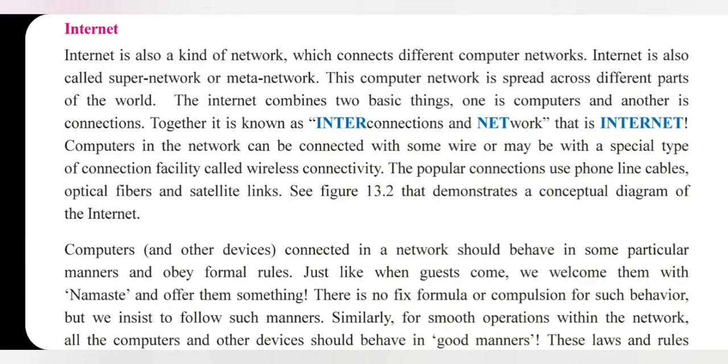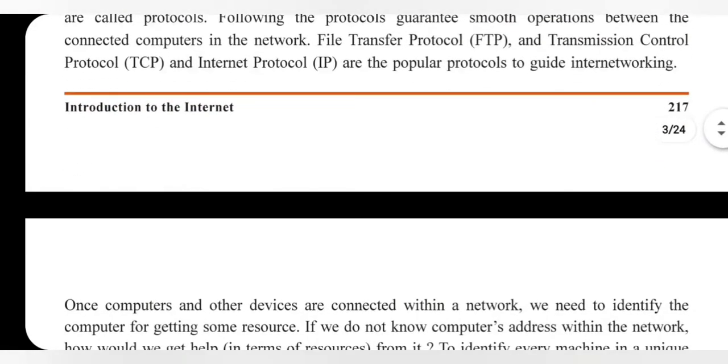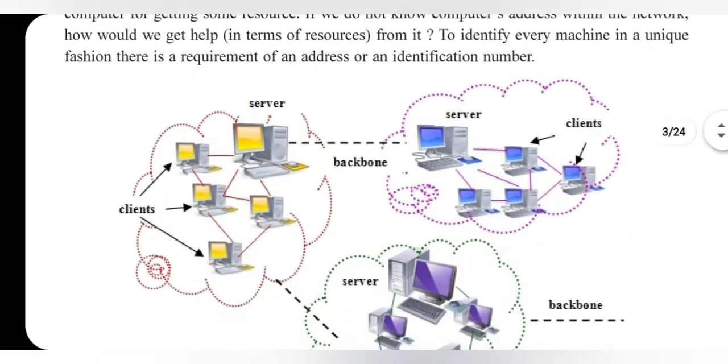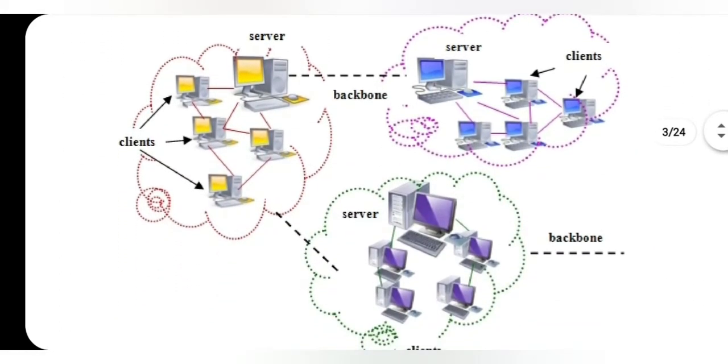And here they are using optical fibers and satellite links. Here we will see Figure 13.2, which demonstrates the conceptual diagram of an internet. So first we will see that diagram. You can see the yellow computers, blue computers and purple computers.